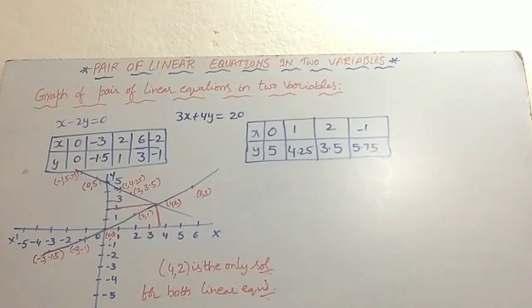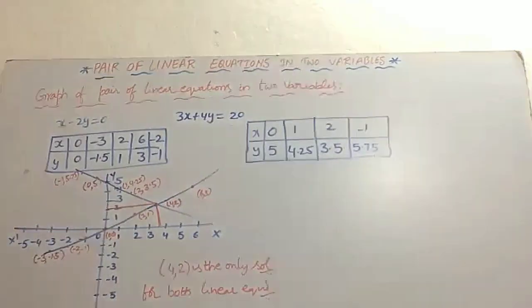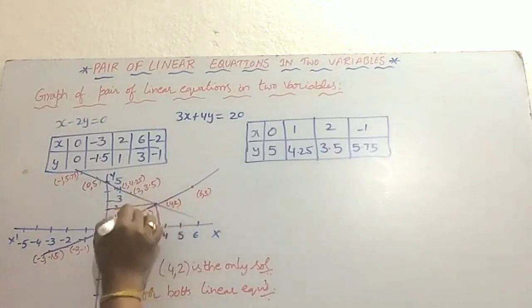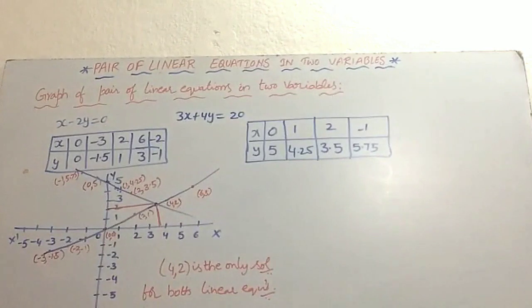So for intersecting lines, there is only one solution, that is the unique solution. The unique solution is represented by the intersecting point of the two linear equations.